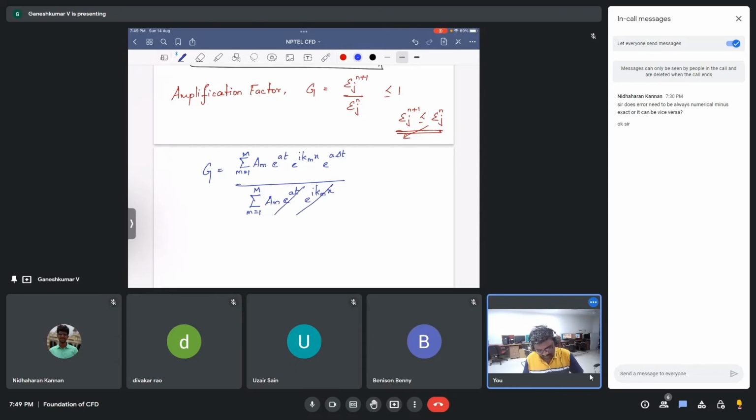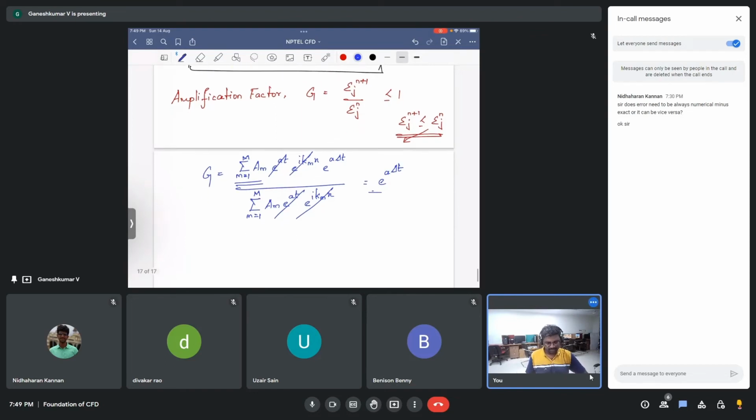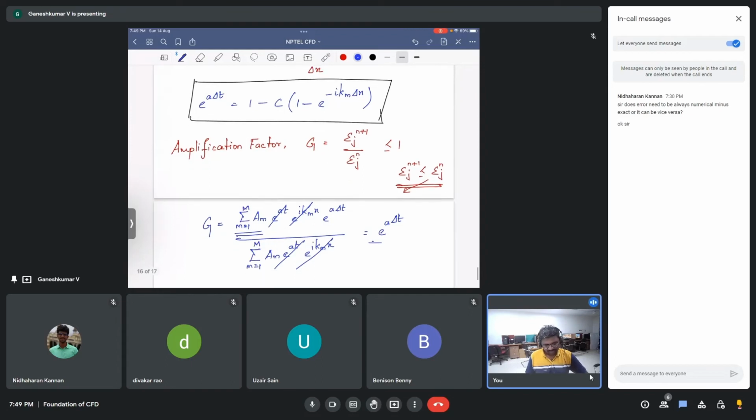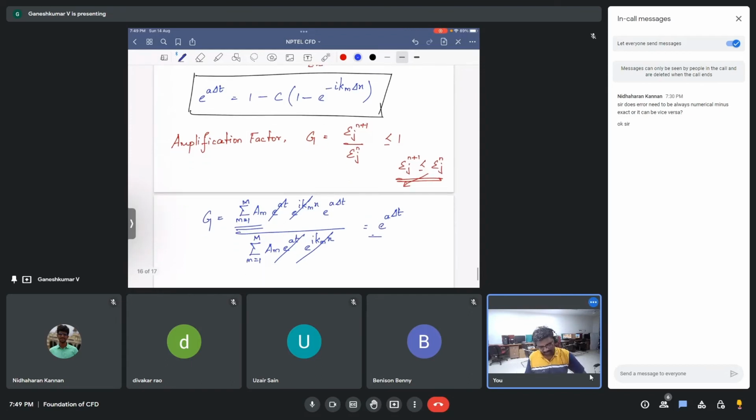If you see, these are common terms. If we remove them, it is equal to e^(aΔt). For simplicity of writing we are just ignoring the common terms, but they are still there.